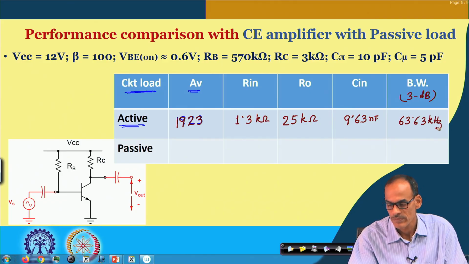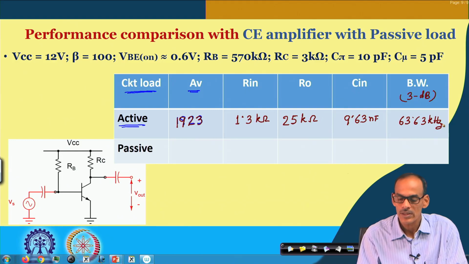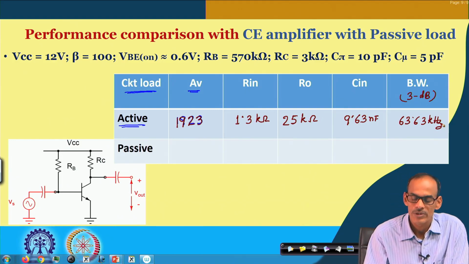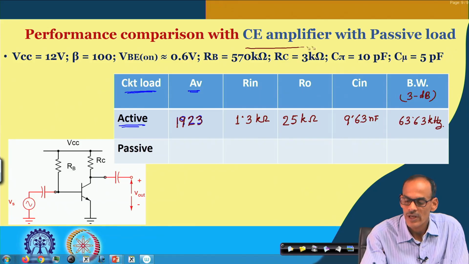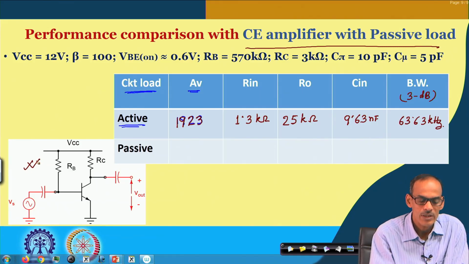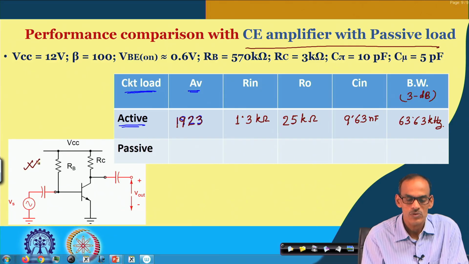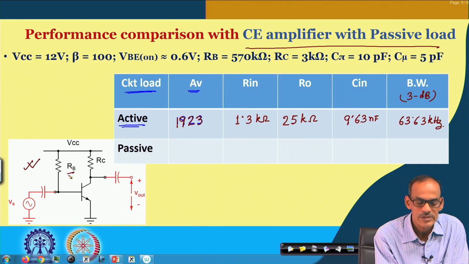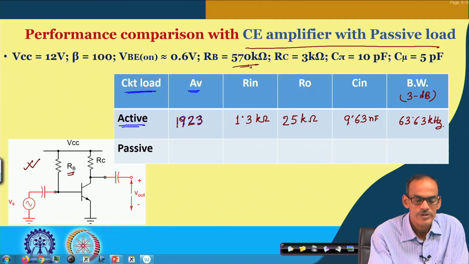Now, I compare these performance metrics with those of the CE amplifier having passive load, and here we have the corresponding circuit. To keep the two circuits comparable, we have taken this RB and the corresponding beta such that the collector current here is 2 milliampere.